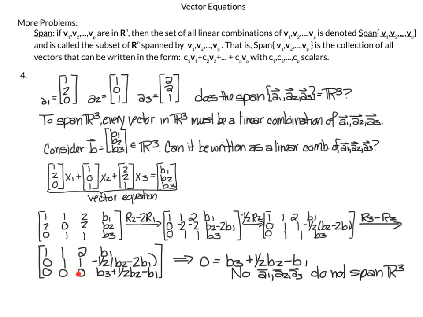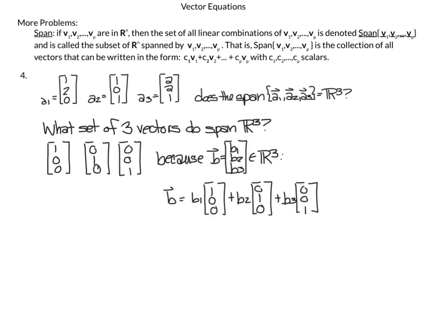We row reduce it, and we get that 0 equals B3 plus 1/2 B2 minus B1. So in order to have a solution, this relationship has to hold among B1, B2, B3. So A1, A2, A3 only span if B1 is equal to B3 plus 1/2 B2. So A1, A2, A3 do not span the entire space of R3.